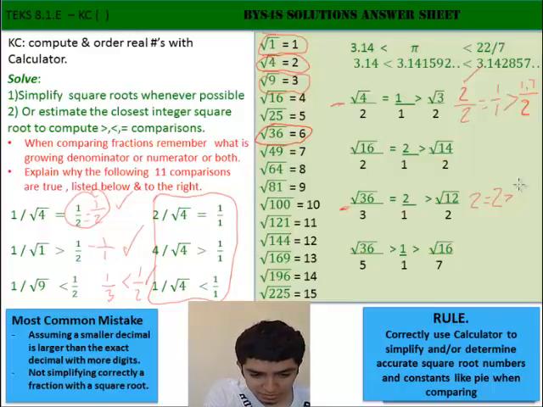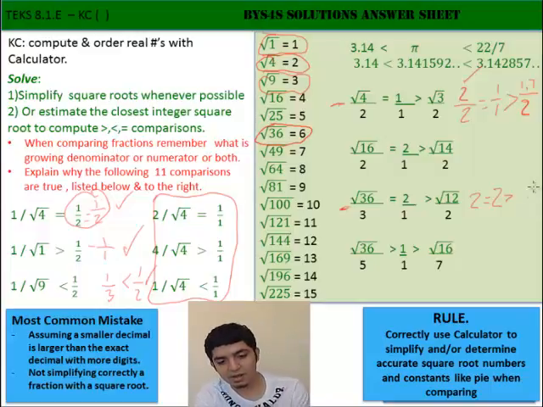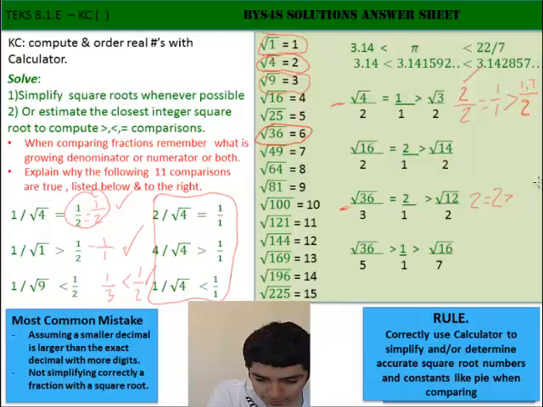And since it's going to be closer to 4 than it is to 3, or actually it's going to be closer to 9 than it is to 16, we can estimate that it's going to be about 3.4 or 3.5, around there, if we round, and then that is over 2.